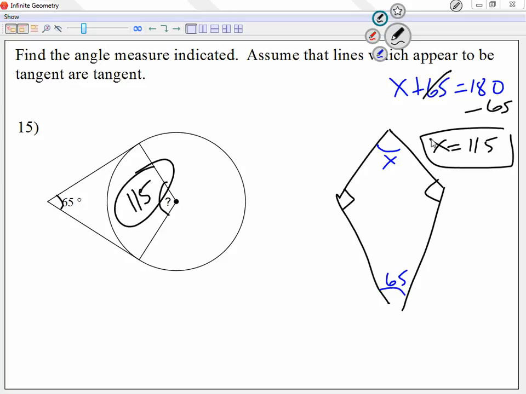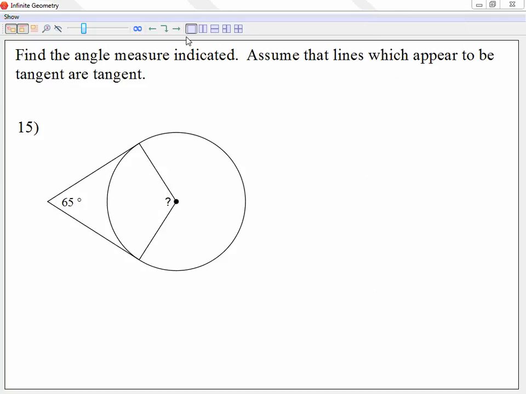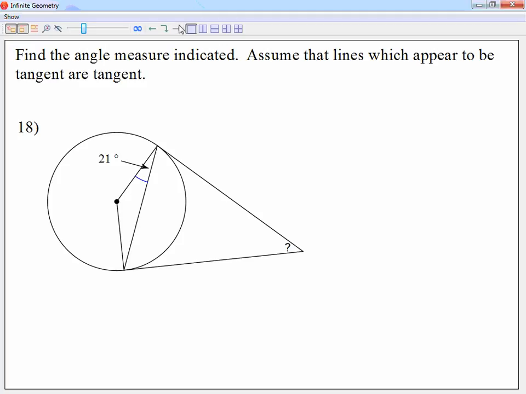13? Or 18? 14? Okay, let me do 18 and then I'll come back to 14. So looking at 18, let me look at the triangle first. This corner right here is 21. I'm going to say this corner right here should also be 21, because we have an isosceles triangle. I know 21 and 21 is 42.